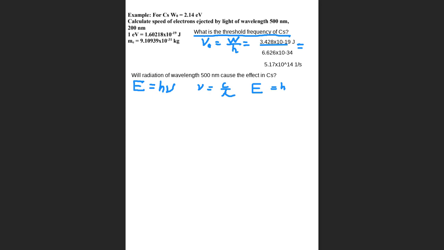If we don't want to stop to calculate the frequency, we can calculate the energy as hc over lambda by substituting c over lambda in for nu. So yes, we could calculate the work function. Yes, we could calculate the threshold frequency, which might even be easier. So let's do that here real quick.